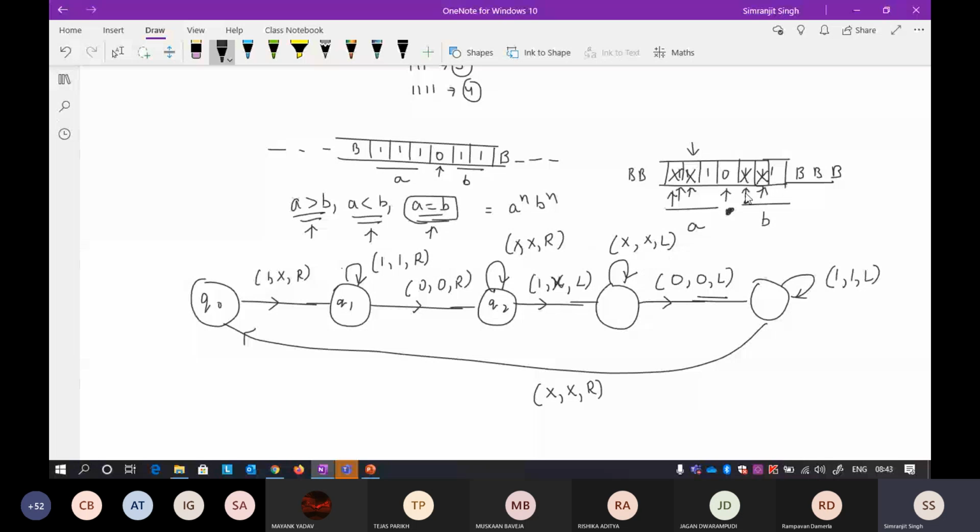Now you keep moving left. Now in the left you will get a 0, so that is fine because there is only 1 0, so that is why I've written it on an arrow. So now again you will get a 1 in the path, so keep the 1 as it is and keep moving left. Okay, so now 1 and again you will get towards the starting of q0.